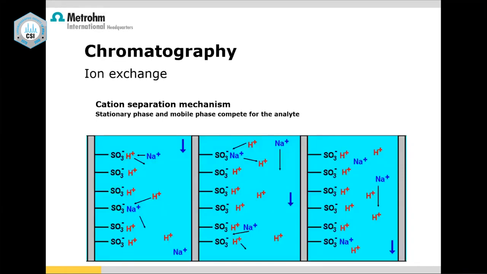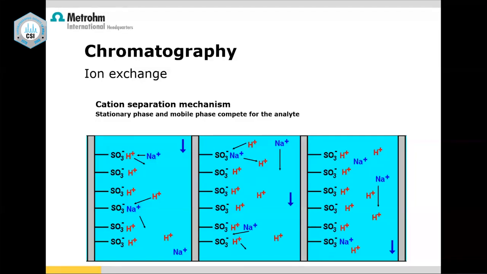Now let us see the mechanism. I am taking an example of a cation separation mechanism where I am determining sodium, for example sodium chloride. I have a sample and I have to determine sodium, so I have to choose a cation exchanger column, which has the opposite charge.